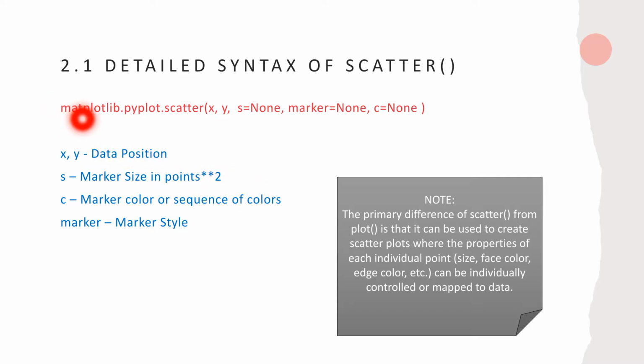This is the syntax: matplotlib.pyplot, with the alias plt normally, then scatter, then the two data point positions, then s as None. s is the marker size to the power of 2, so whatever we write is squared for the dot size. Then marker, as there are various markers like point marker, pixel, circle, plus, and so on.